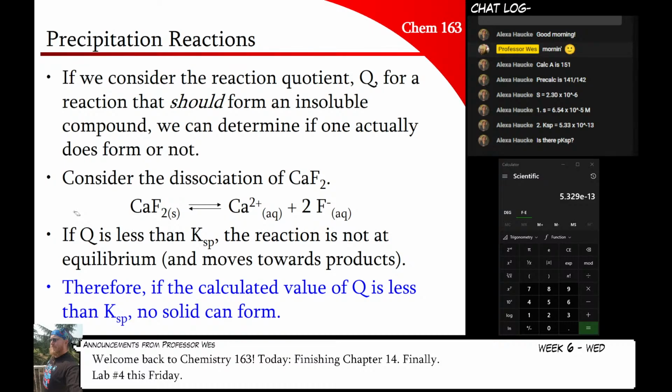In which case, at the given concentrations, if Q is less than Ksp, you can never make a solid. And so that might be desirable too. If we want something to dissolve, we'll just make Q really small. We'll just fill it with reactants.